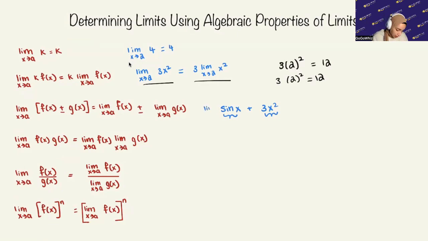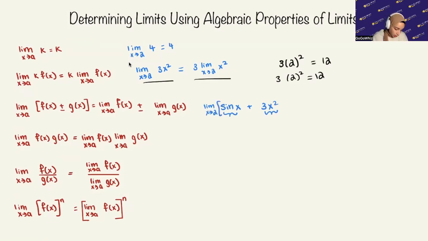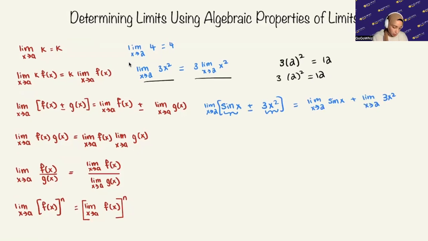So if I said limit as x approaches 2, for instance, of this addition, well, I could always separate this and write it as the limit as x approaches 2 of sine x plus the limit as x approaches 2 of 3x squared. And I can do this whether it's addition or subtraction. If this was subtraction, I would just put a subtraction sign instead of addition.